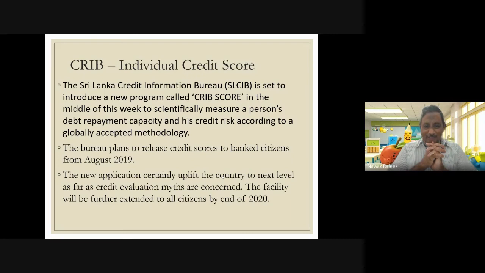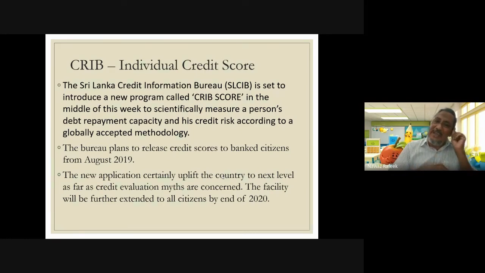How many of you are aware of this? 2019, this has been rolled out. All the bank citizens, that means all bank customers, right? Without any rank: personal customers, business customers, highly valuable customers, all the customers. CRIB is trying to give a rating to all the customers.